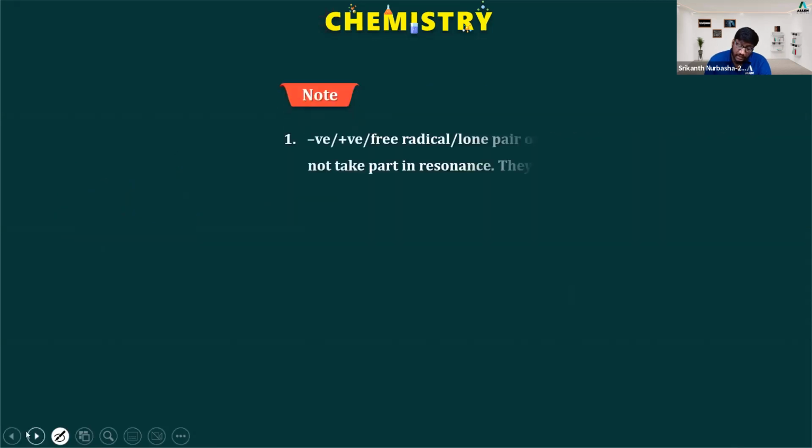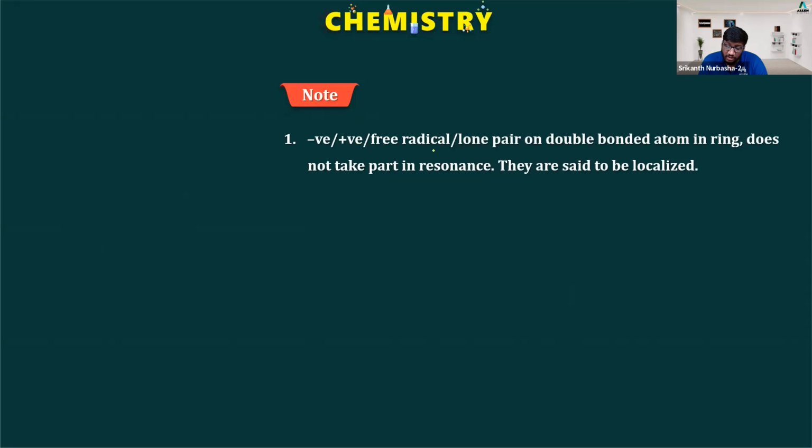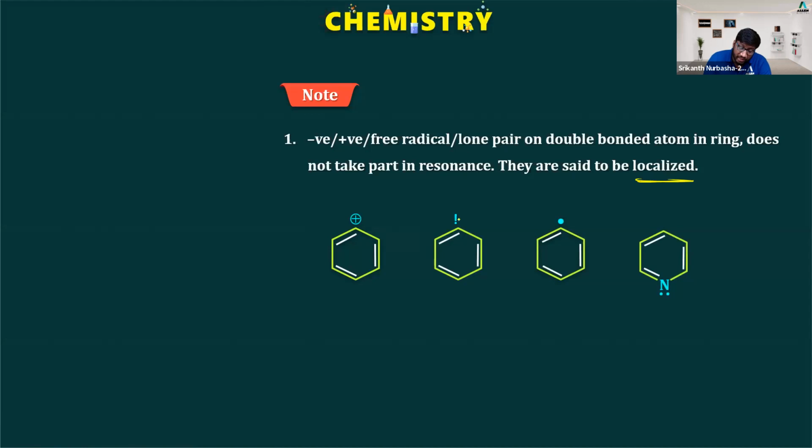Clear? A negative or positive charge, free radical or lone pair on a double bonded atom in the ring does not take part in resonance. They are said to be localized. That means if you have a scenario like this, the negative charge, positive charge, free radical or lone pair on the atom is not in resonance, because there is no adjacent pi electron density.